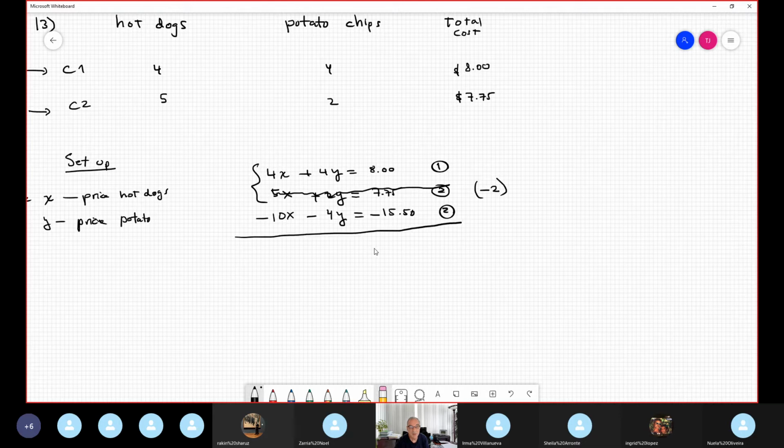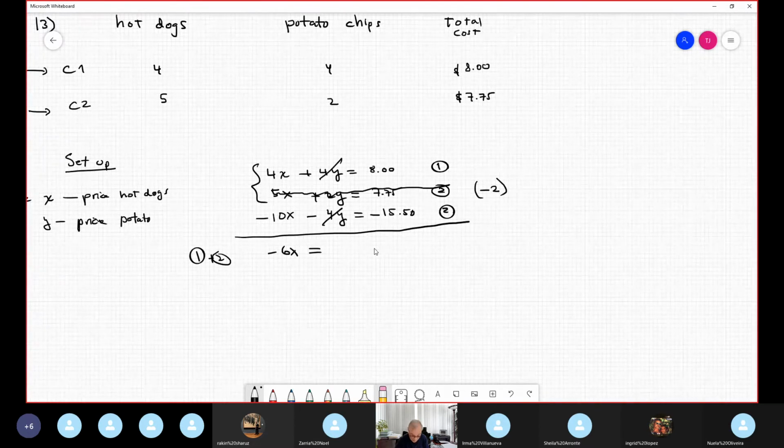Now it's ready for elimination, because when you add 1 plus 2 together, you get -6x, which was the intention, equals 8 minus 15.50, which is $7.50, but negative.